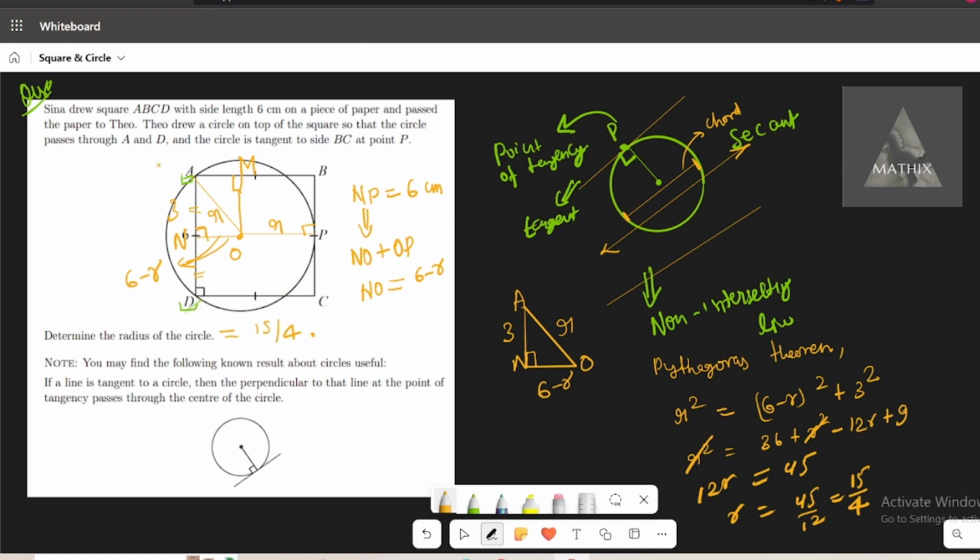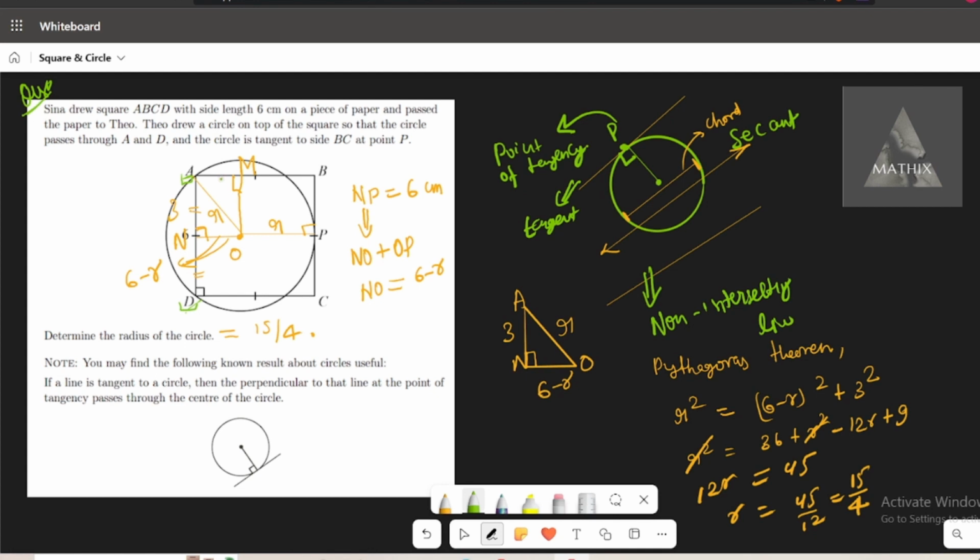But how can we be very sure that ON will be bisecting the side AD? It is not given in the question itself that the figure is symmetrically placed. So is there anything to support our answer?